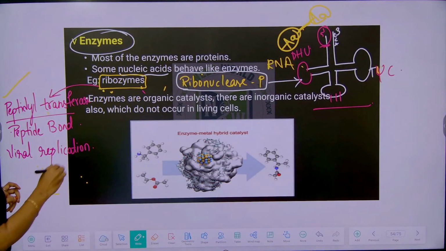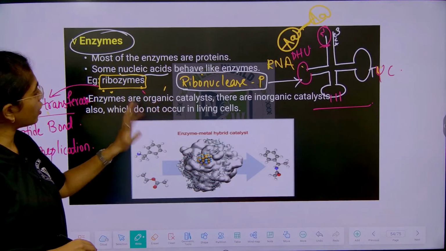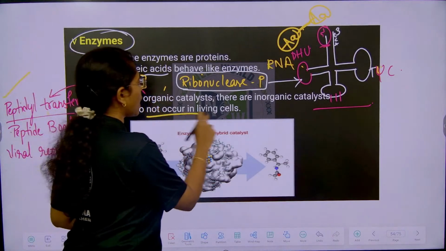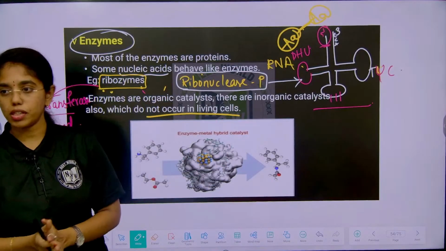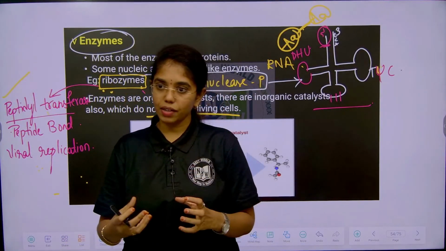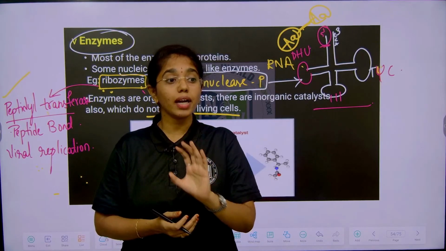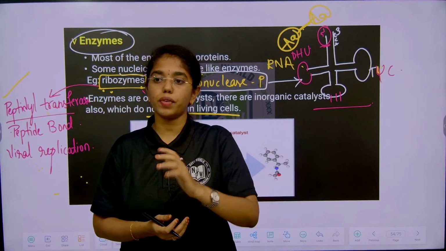Okay? Next. Enzymes are what? Organic catalysts. There are also inorganic catalysts which do not occur in the cells. What is the difference? Every reaction in our body or in our living system can take place without the enzyme, but it will not happen in an accurate way, in the fastest way.